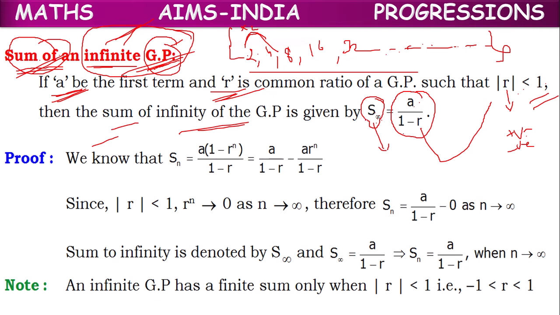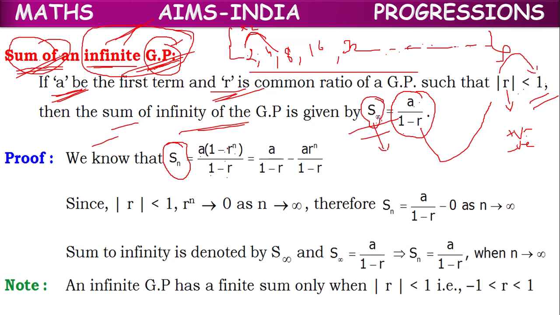Before finding S infinity, we have the normal formula for Sn, sum of n terms, which is a into 1 minus r power n by 1 minus r. But here r is less than 1.